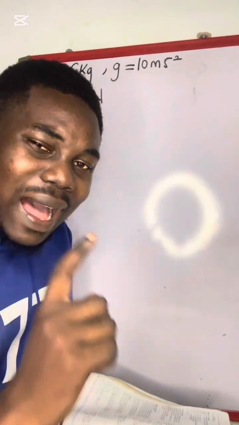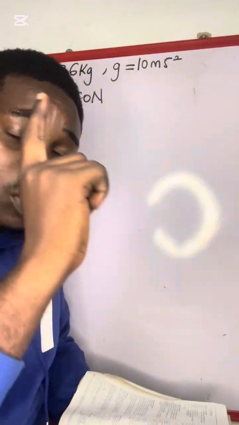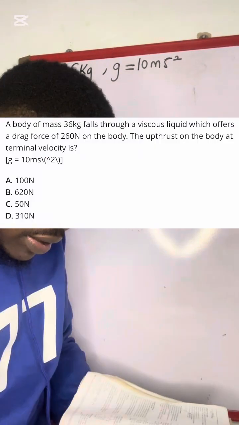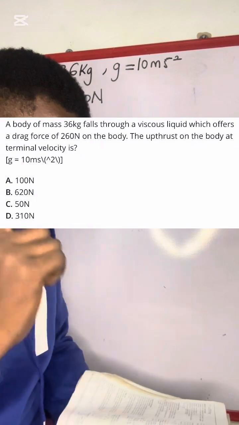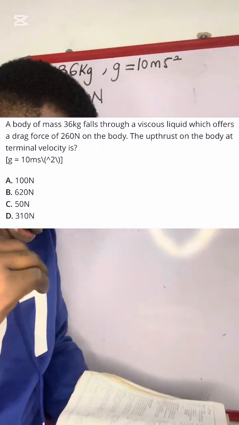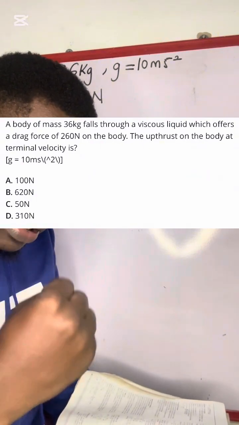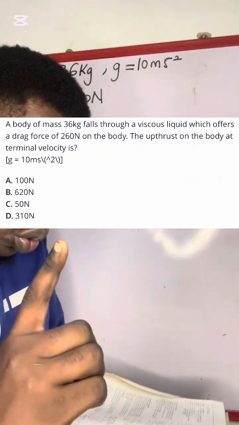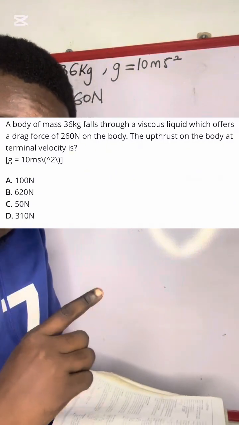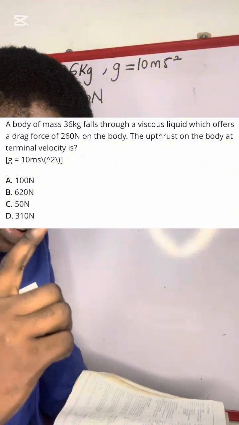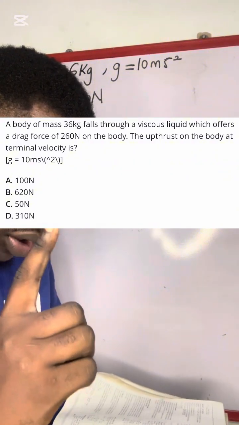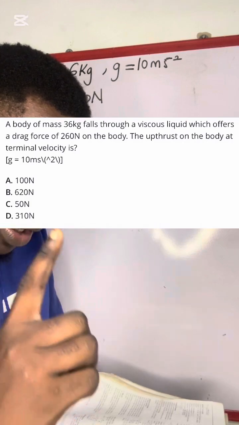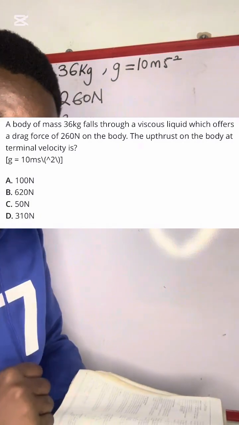Okay, we have a question being displayed on the screen, and it says a body of mass 36 kilograms falls through a viscous liquid which offers a drag force of 260 Newton on the body. The upthrust on the body at terminal velocity is dash.